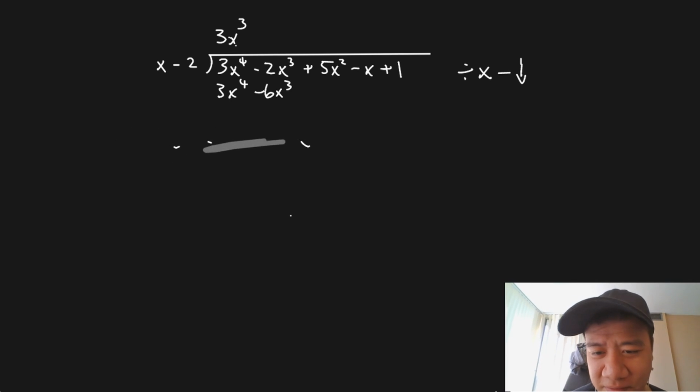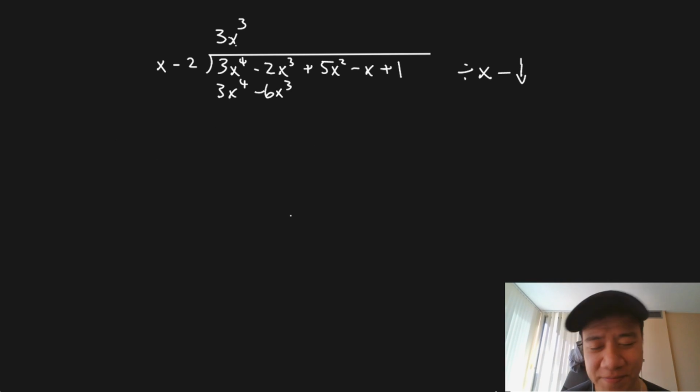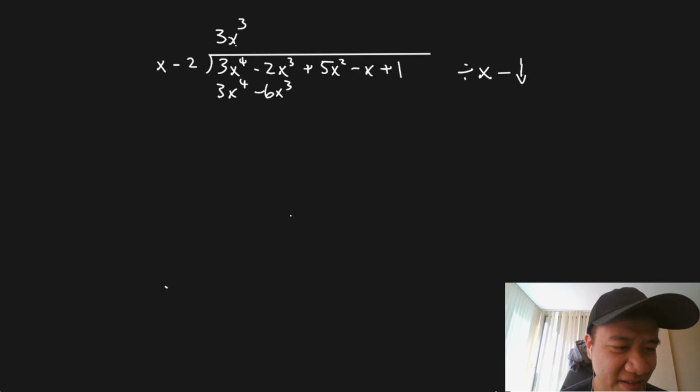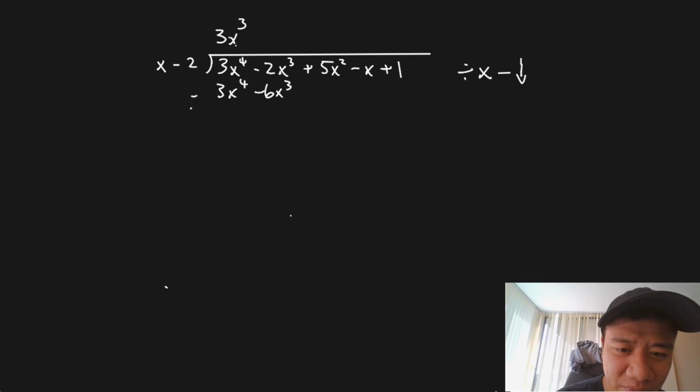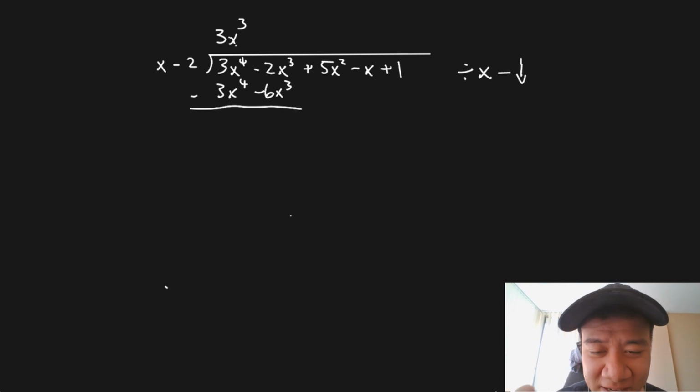The next thing we do is we subtract. We subtract this expression over here from this one, so I'm going to put this minus sign. How we subtract them is we take the term up here and subtract the term down here.